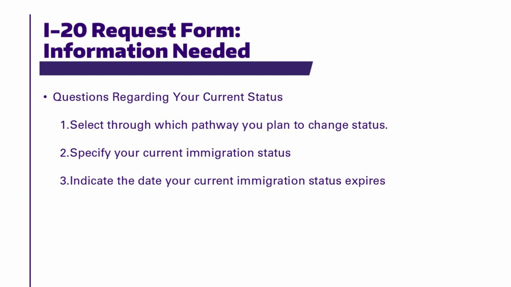The I-20 request will ask you to provide information regarding your current status, such as: 1. Which pathway you plan to go through to change status, 2. Your current immigration status, and 3. The date your current status expires.